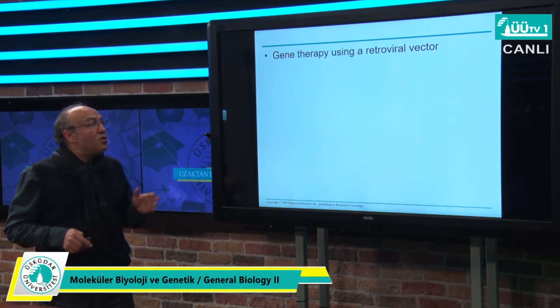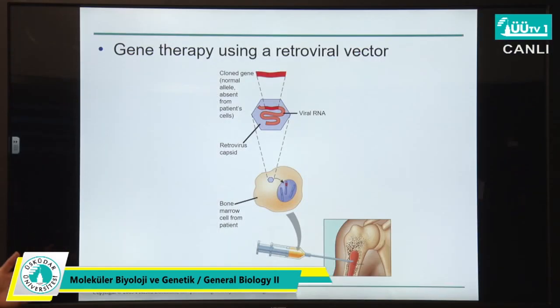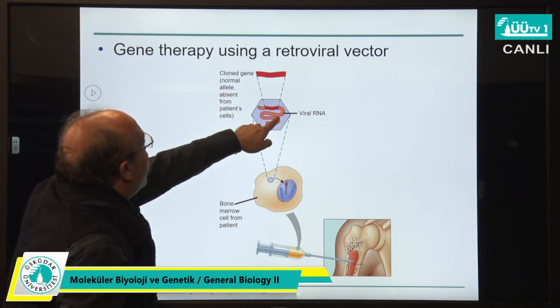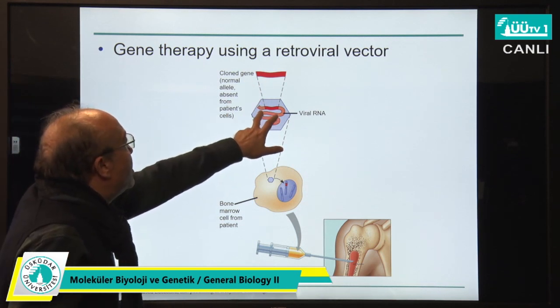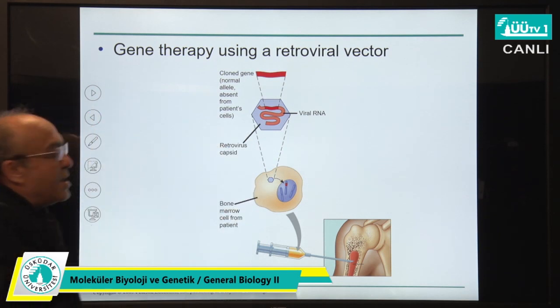Retroviruses, as you know, we can call synthetic viruses. This is the retrovirus here, this is the capsid, and it has the viral RNA. If we want to clone a gene into sick cells or sick tissues, we add the normal gene to the genome of the virus, then send it to the cell.